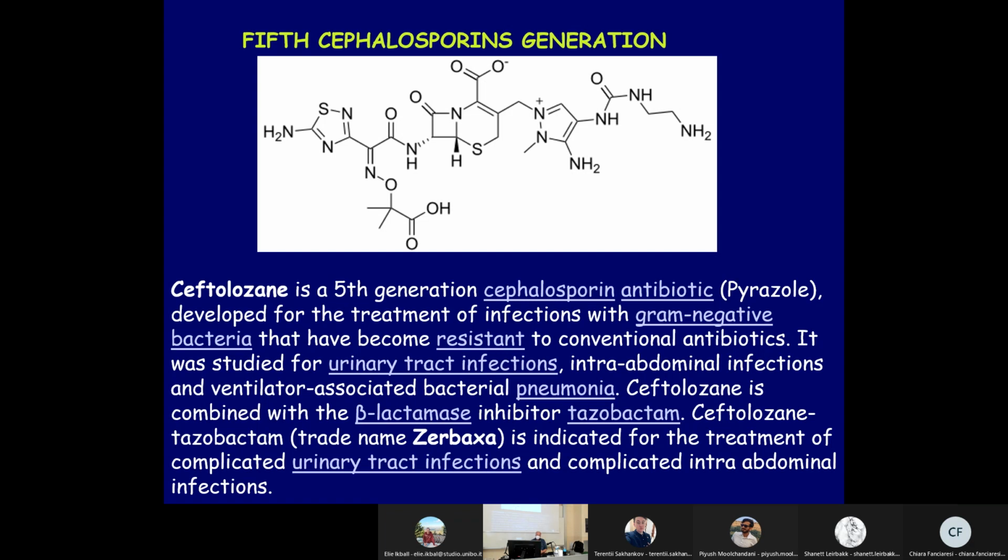So it's very important to have hydrophilic molecules in order to have a wide spectrum against gram-negative. In particular, this type of compound is indicated for the treatment of complicated urinary tract infections, resistant bacteria infection.